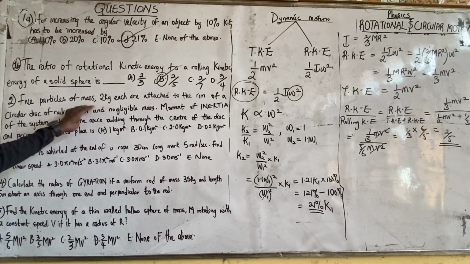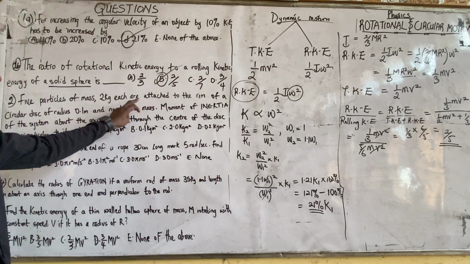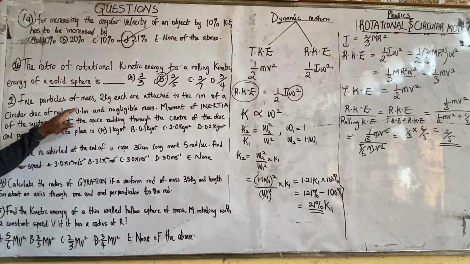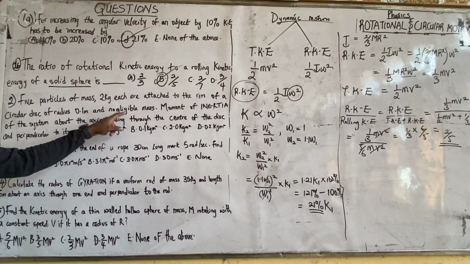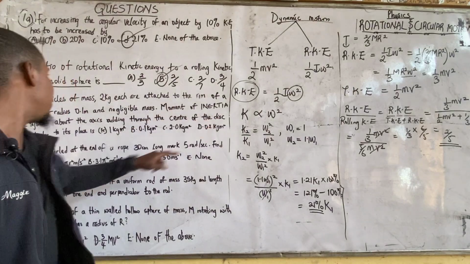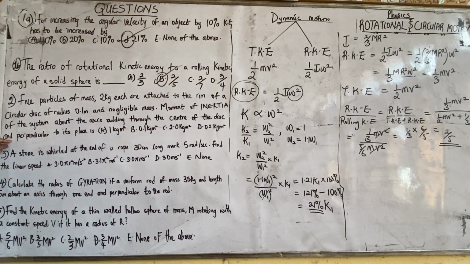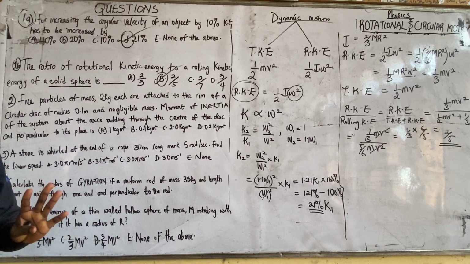Next, five particles of mass 2 kg each are attached to the rim of a circular disc of radius 0.1 meters and negligible mass. Moment of inertia of the system about the axis passing through the center of the disc and perpendicular to its plane is dash. Now this question you have to understand.